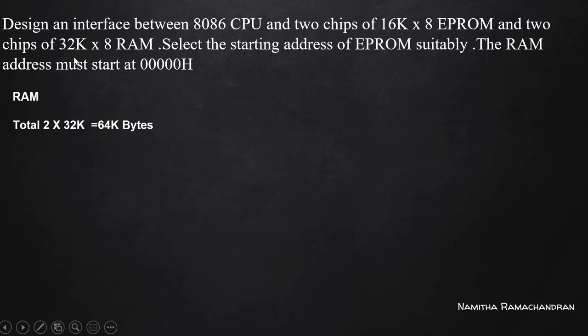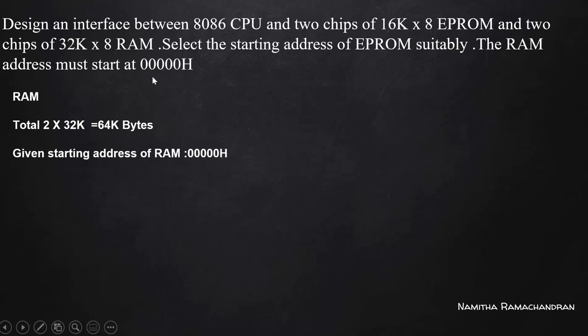That is the meaning of this 32K by 8 representation. How many such chips are given? 2 such chips. So total RAM space is 2 into 32K, that is 64K bytes, as a total.